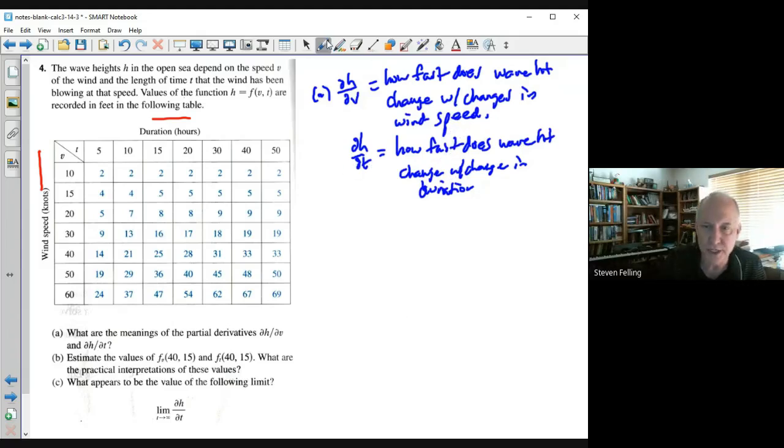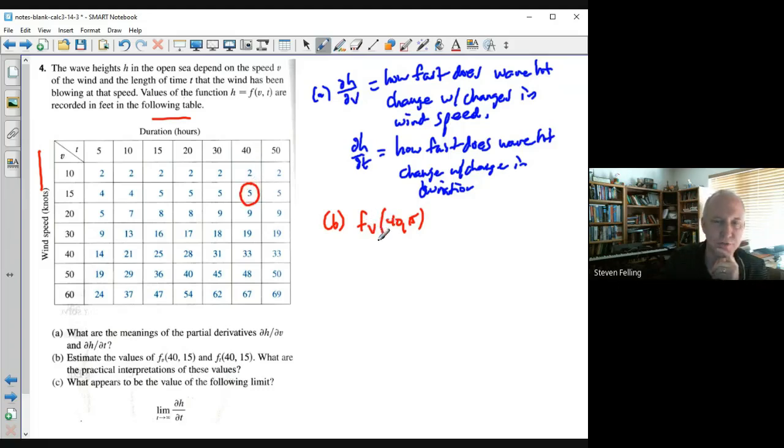And then for part B, it asks us to estimate values. So let's look at that. Estimating the value of FV at 40, 15. So we're going to go to 40 in the V and 15 in the T, so it's this point right here, and we want to evaluate FV.